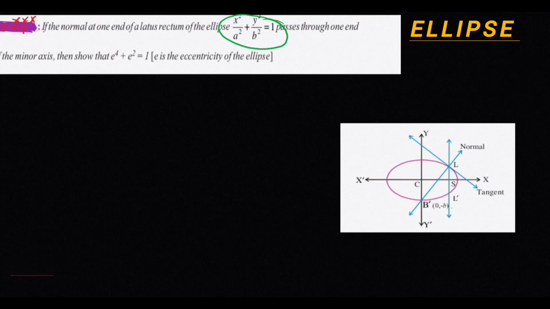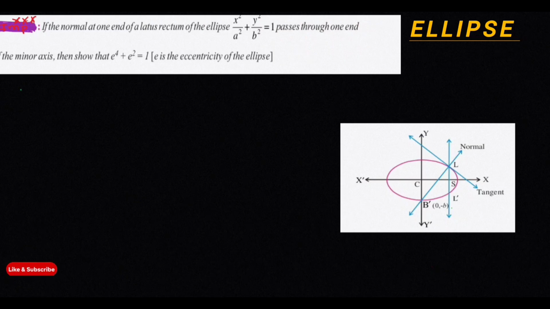x square by a square plus y square by b square equal to 1, passes through one end of the minor axis, then show that e power 4 plus e square is equal to 1. Okay, now start the solution.